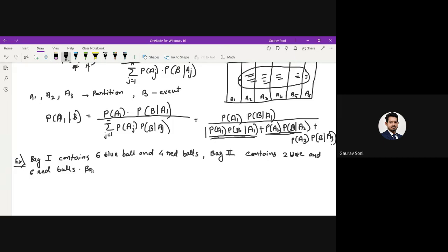And bag 3 contains 1 blue and 8 red balls.